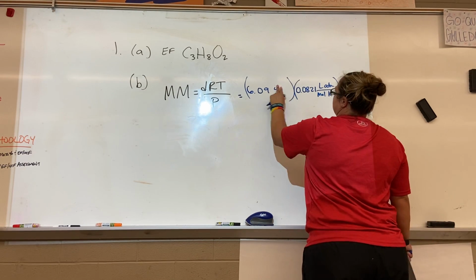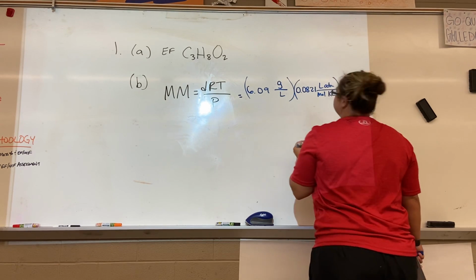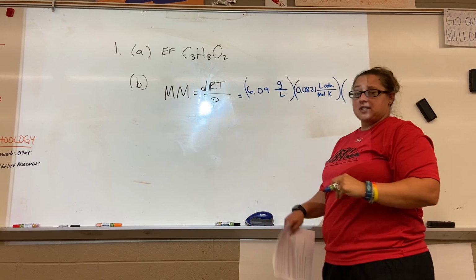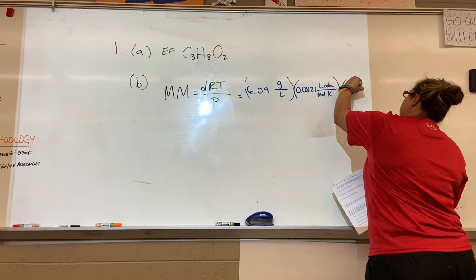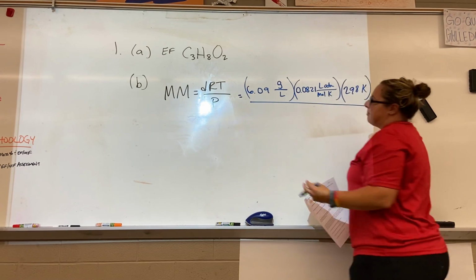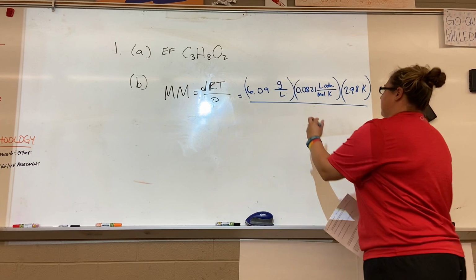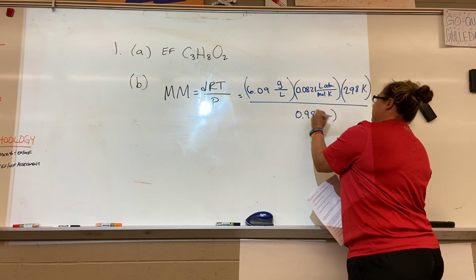Let me do it this way so we can see how those units cross out. T stands for temperature, and that temperature given to us is 298 Kelvin. And P stands for pressure. That pressure is 0.98 atm.